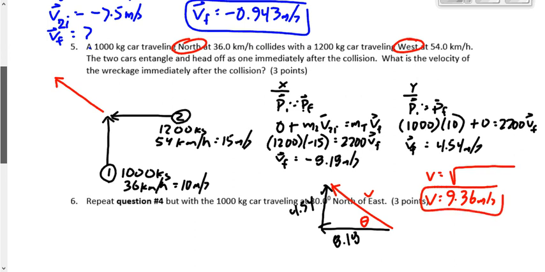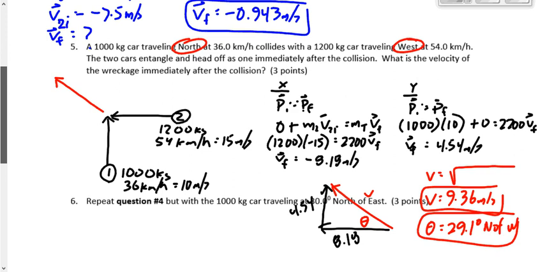I wrote these ones down. 33.8? Is that right? Oh, yeah, sorry, I have that scratched out, 29.1, north of west. Yeah, 29.1 is the correct one. Good there?